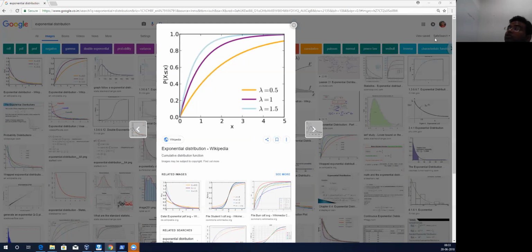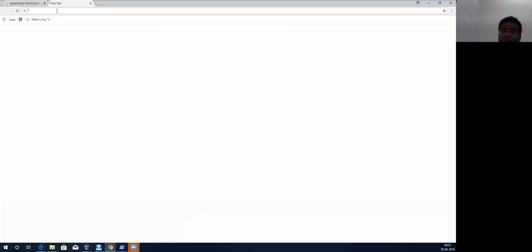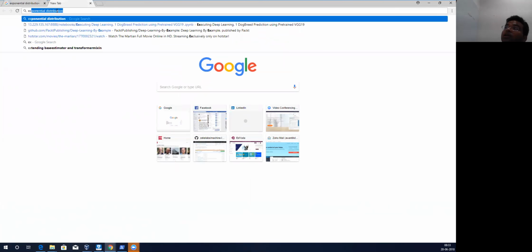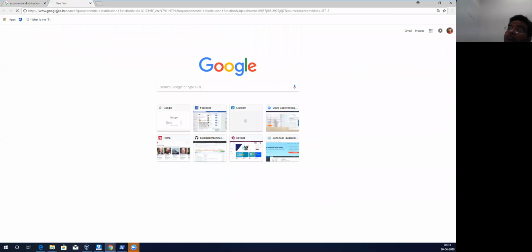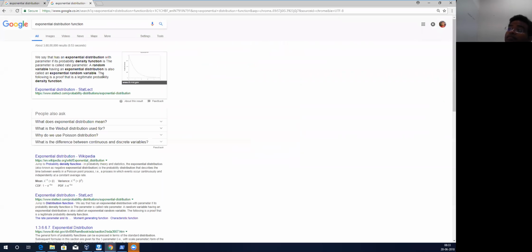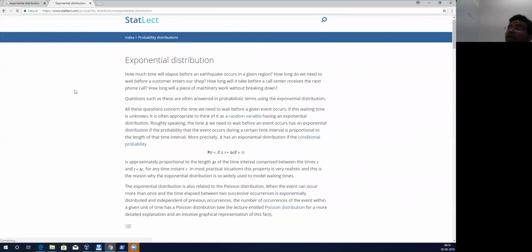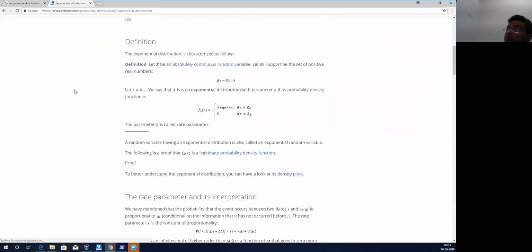Okay, if you see the exponential distribution functions, just note the graph, that's what I want to show first. Then I'll show you the function of it. The graph is just for example. Okay, I'll just show the formula now.